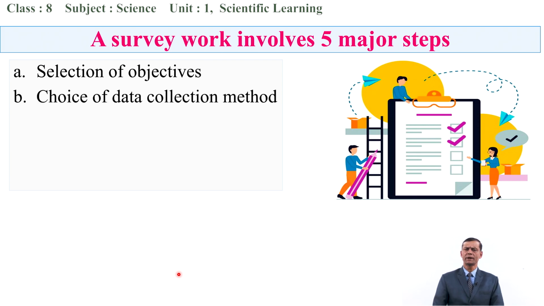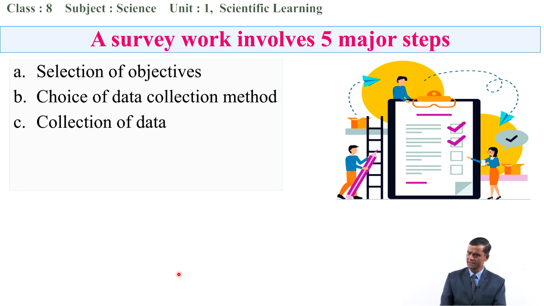The second one is the choice of data collection method, isn't it? Choice means selection of an appropriate data collection method like interview, observation, field work, informal talk, in-depth engagement. Different types of methods are there for collecting information. The third one is the collection of the data.